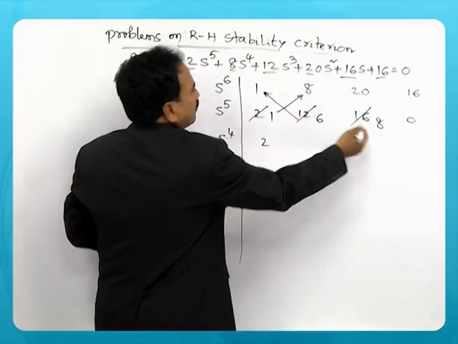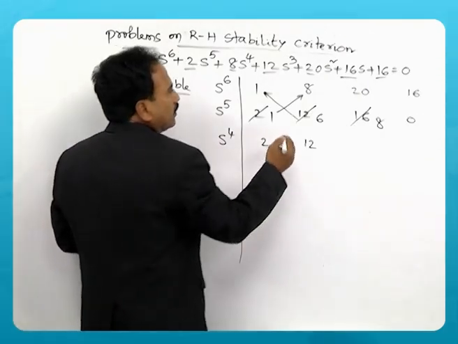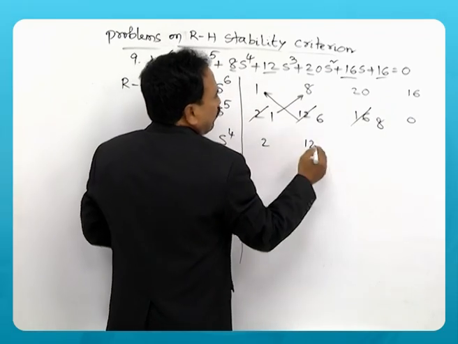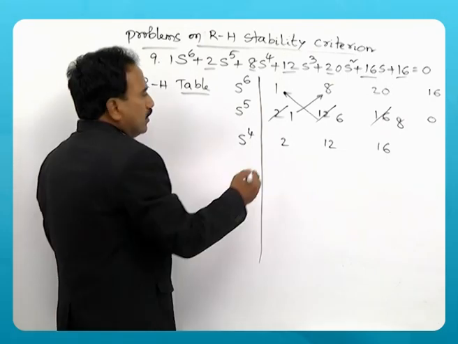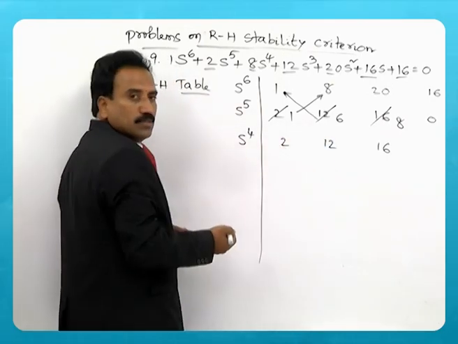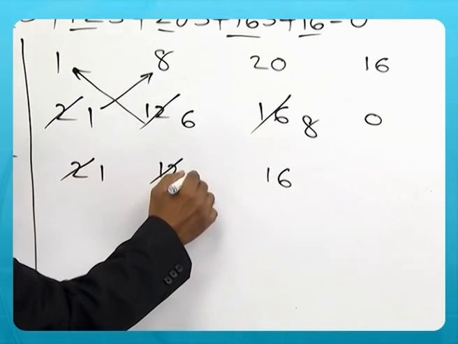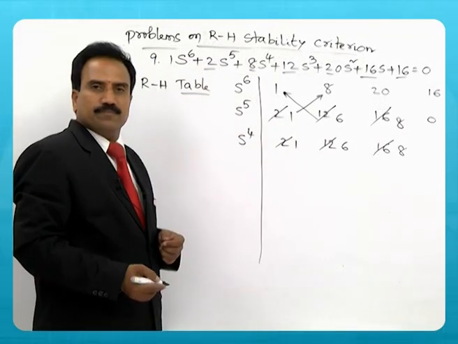Then 20 minus 12 by 1, that is 8. Then 16 minus 0 divided by 1, so it is 16. Again, for simplification, divide this entire row by 2, and you get 1, 6, 8.